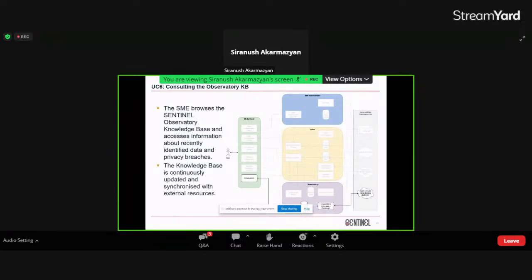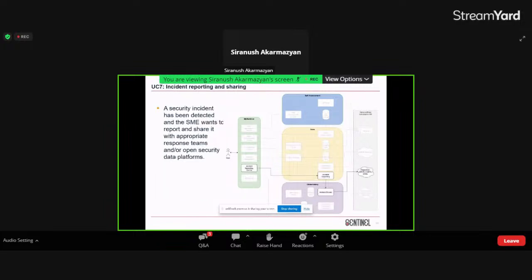And in the meanwhile, the SME can anytime browse the Sentinel observatory knowledge base and access information about recently identified data or privacy breaches. This knowledge base will continuously be updated and synchronized based on external resources or any other information that users insert.